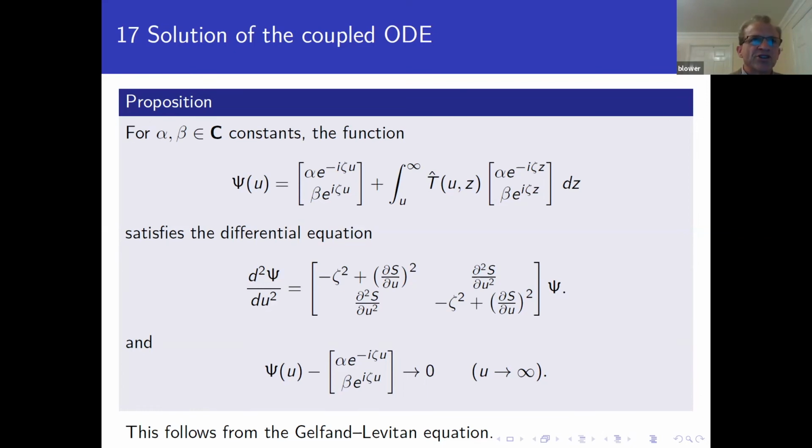So that's inside the integral, but the main term is basically the term in front of it, which is alpha e to the i zeta u and beta e to the plus i zeta u.